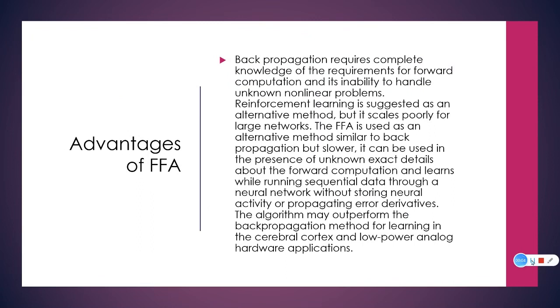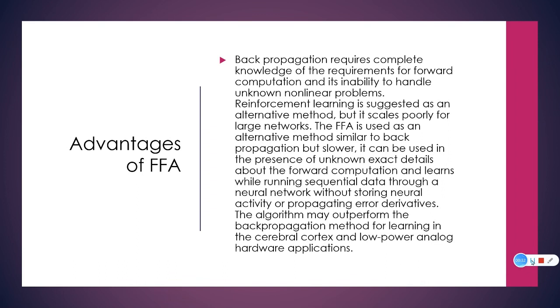Backpropagation requires complete knowledge of the forward computation and has difficulty handling nonlinear problems. Reinforcement learning is suggested as an alternative method, but it is still slow for large networks.